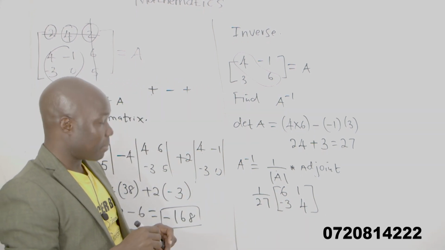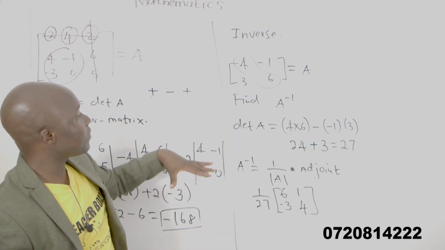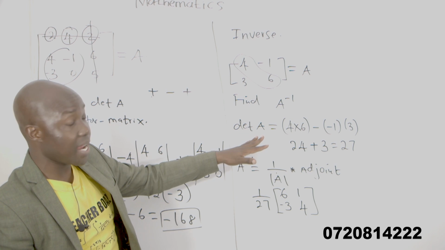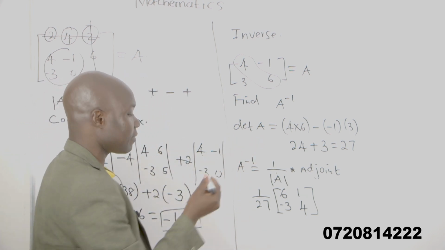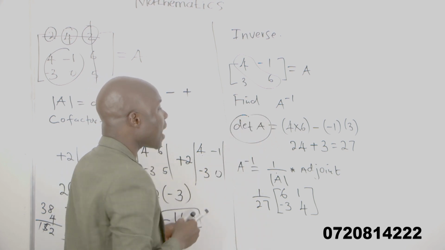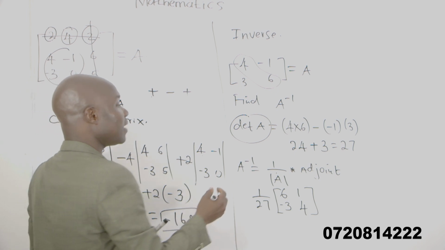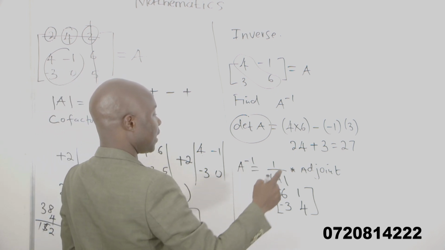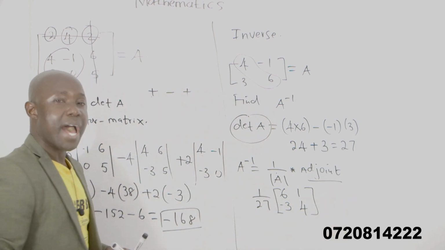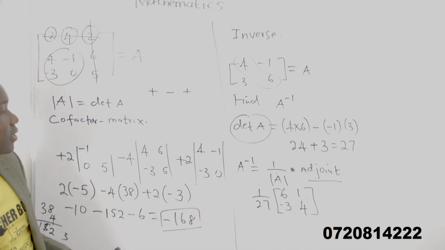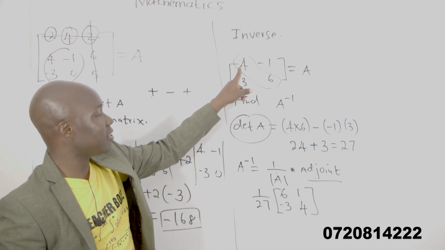That's one of the basics, that for you to get the inverse of any given matrix, step number 1 is to find the determinant. This is a very important step that every student should remember, that you must always find the determinant of that matrix. Then the next step to find the inverse is simply taking 1 over that determinant times its adjoint. How do we find the adjoint of a matrix? We simply interchange the leading diagonal entries or elements.